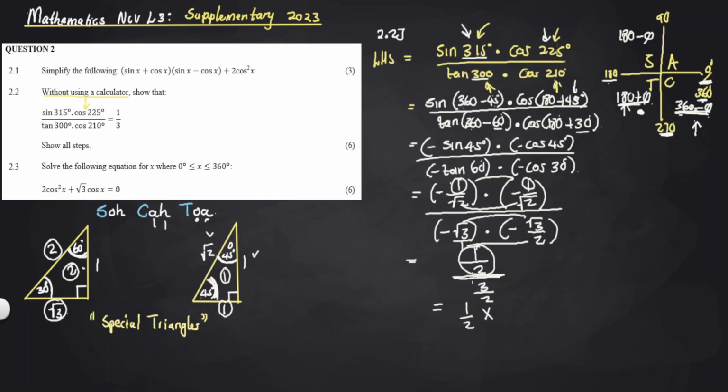I'm changing this division sign into a multiplication sign, and the fraction in the denominator will be flipped, so you have 2 over 3. This 2 times that 1 is 2, and 3 times 2 is 6. So when this is simplified, it gives us 1 over 3. This is how you simplify step by step. Okay, 2.3.